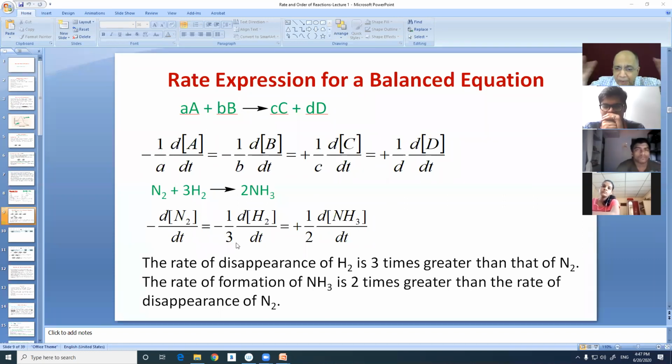So once you prepare this correlation equation, then in the question, if you are given the absolute rate with respect to any species, you can find the absolute rate of the reaction with respect to any other species. I'm giving you 1 minute to write down whatever I have written on this page.